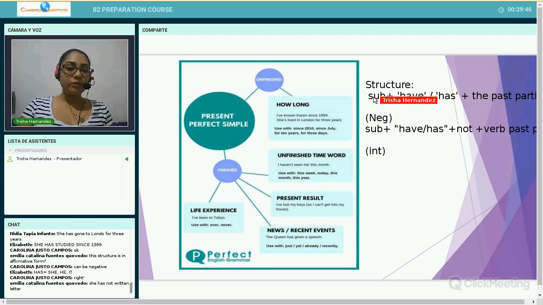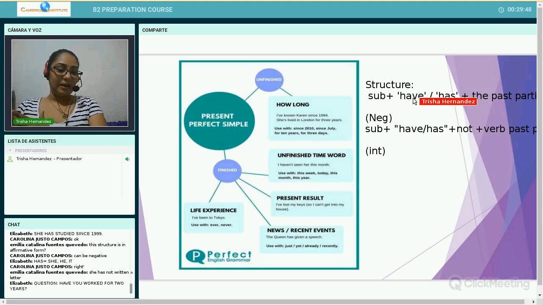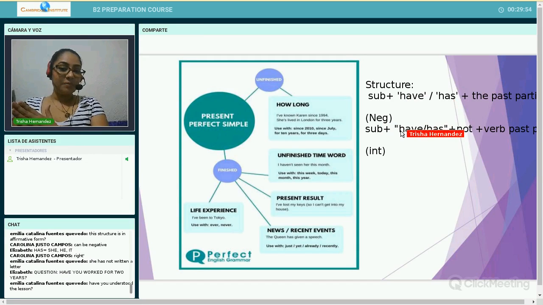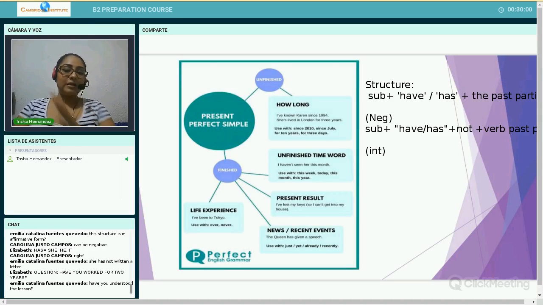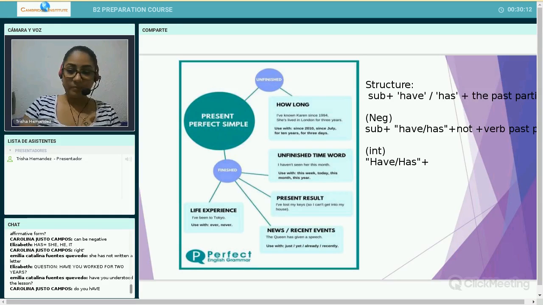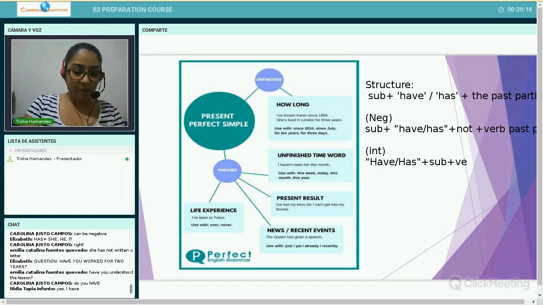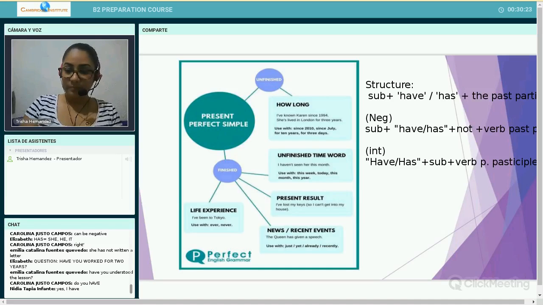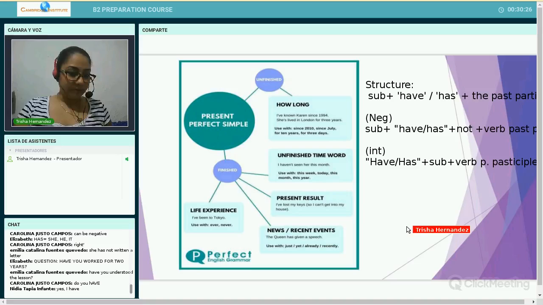This means that we usually use our subject and then the auxiliary verb, in this case have and has. In this case, we're going to invert the order, which means we're going to start with have or has, plus the subject, plus the verb in past participle, and the complement, right?